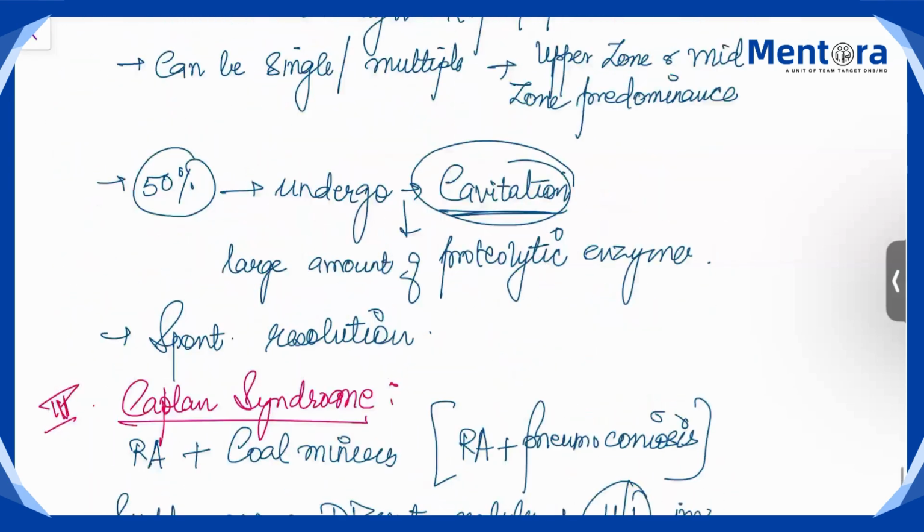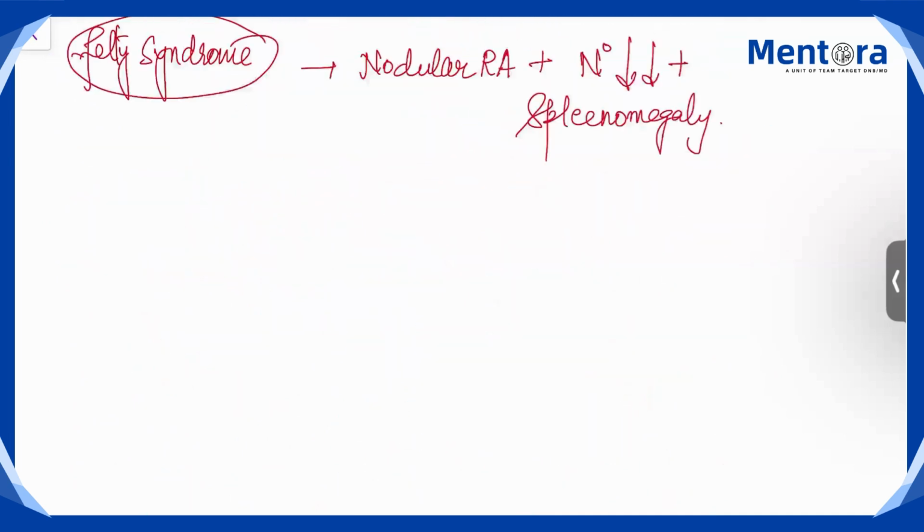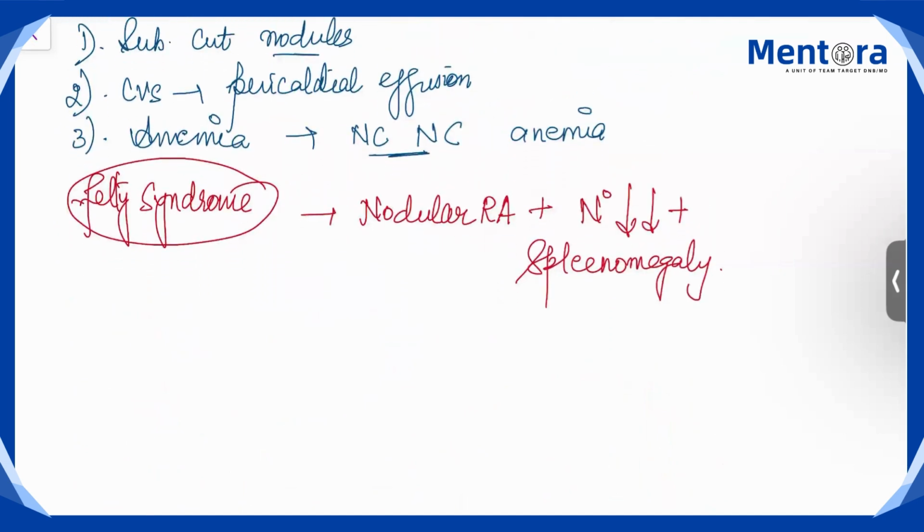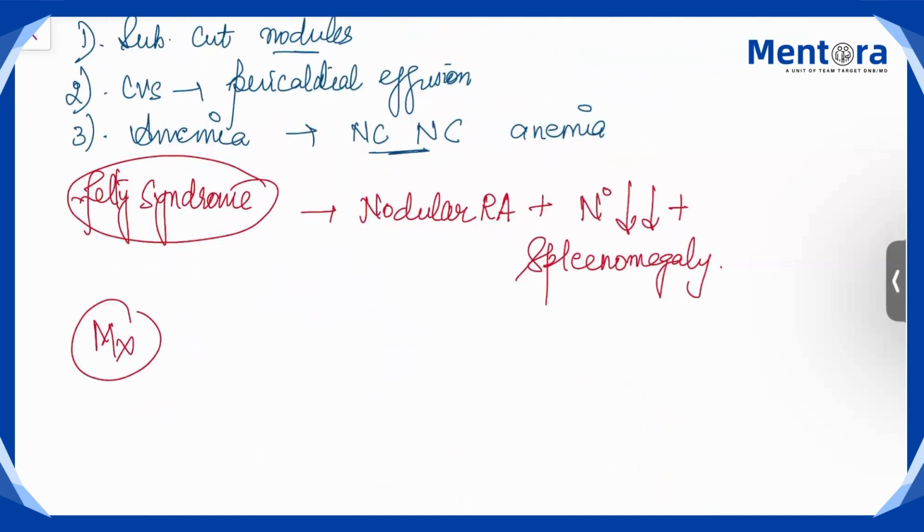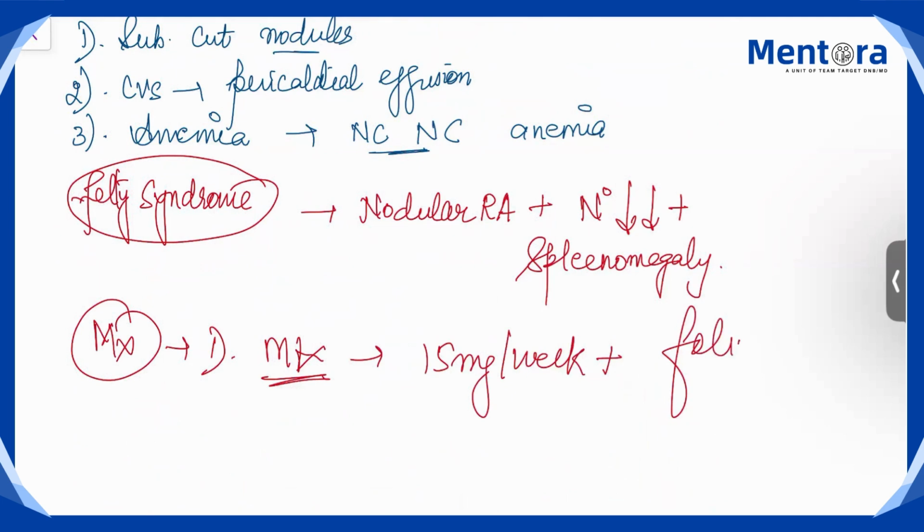Management part, they are not much interested, because we have to manage the arthritic part itself. So as you all know, what is the management of rheumatoid arthritis? It is methotrexate. The dose is 15 milligram per week, and along with this you have to give folinic acid. Then you can also give corticosteroids.